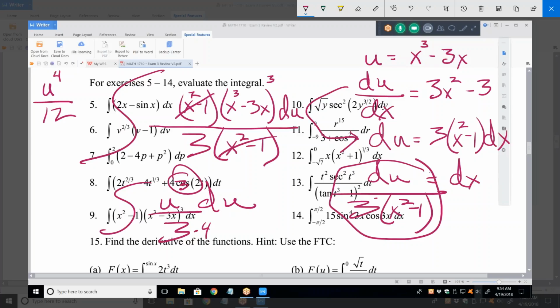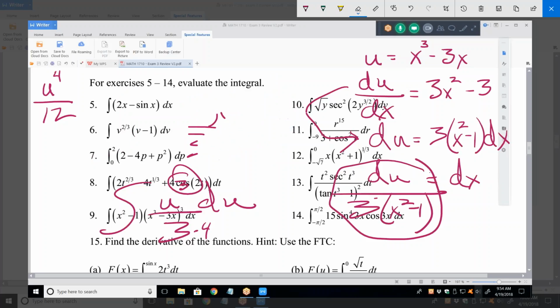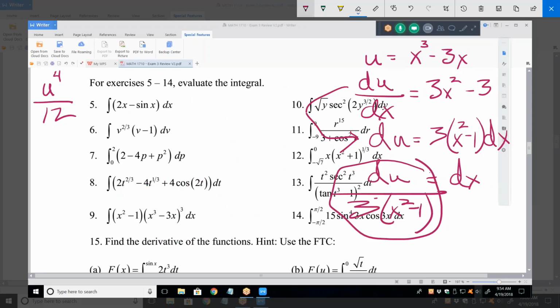Okay, so that is my integral. Now I just have to go back because I used u to solve it. I now have to go back and resubstitute. So if this is my answer, what was u? U was that.